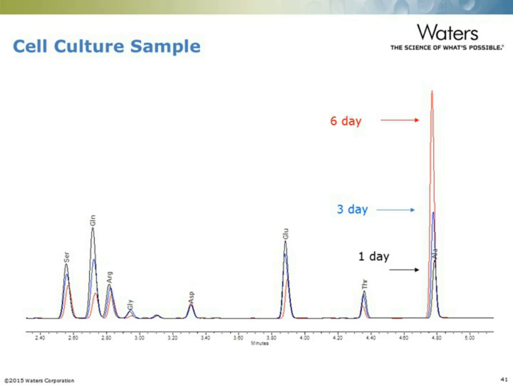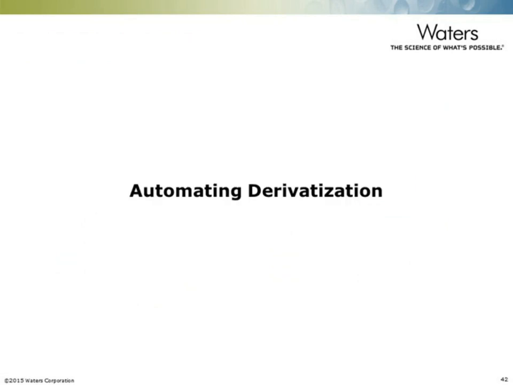You'll notice that the amount of glutamine goes down from one day to the next, and the amount of alanine goes up from one day to the next. The changes in the composition of the media indicate the changes that must be made to optimize the growth cycle.